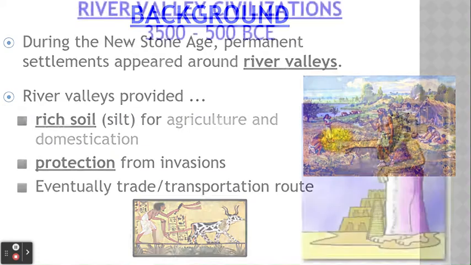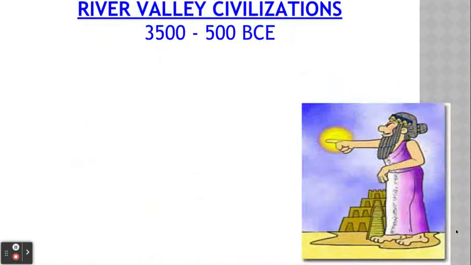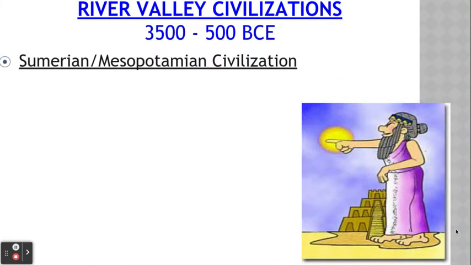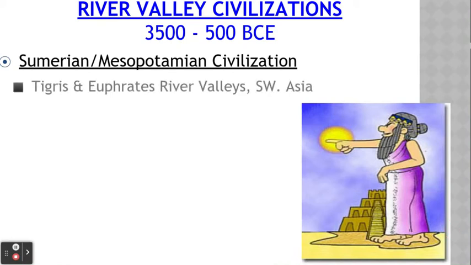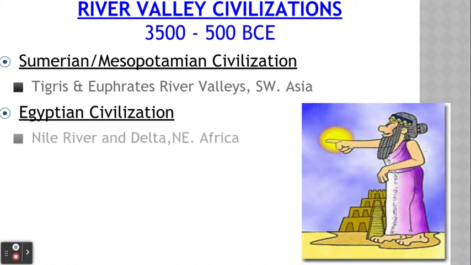in these river valleys. So the four main river valleys are the Sumerian or Mesopotamian civilization, which can be found along the Tigris and Euphrates rivers. This would be located in Southwest Asia, what is modern day Iraq or the Middle East. We will also look at the Egyptian civilization, also known as Egypt, along the Nile River.